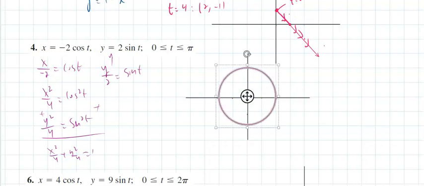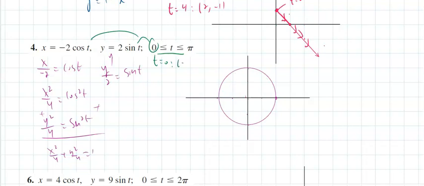And now when I get to it, I say, okay, at t equals 0, where am I? So do not mix up that 0 to 2 pi means really this top portion of the graph. That's not true. 0 to 2 pi, you have to plug those in. At 0, I am at negative 2, 0. At t equals pi over 2, I am at 0, 2.